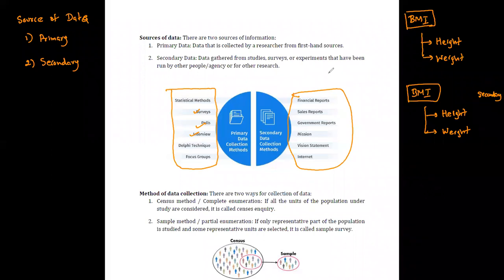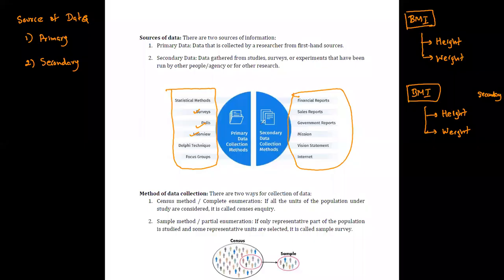Otherwise, you cannot use this data by your own thinking. Without the permission from these agencies or the people who own this data, you cannot access it. Otherwise, you are violating their intellectual property rights, because they are the people who own this data.